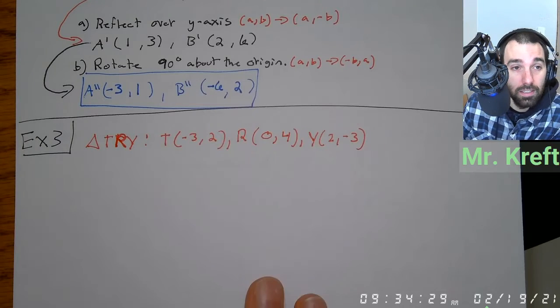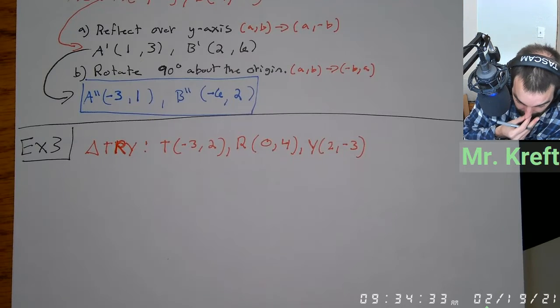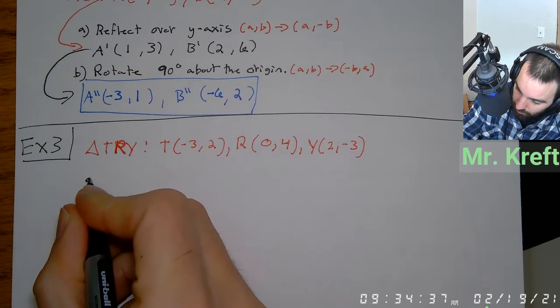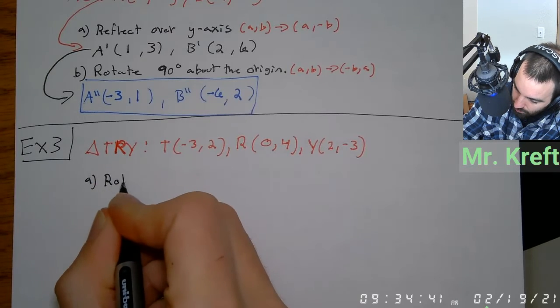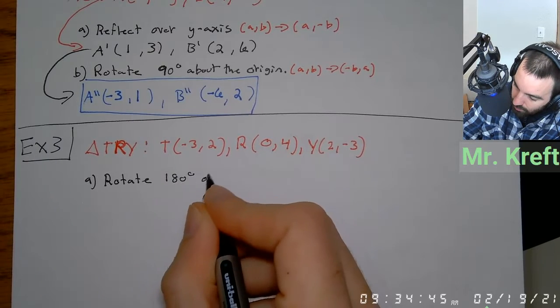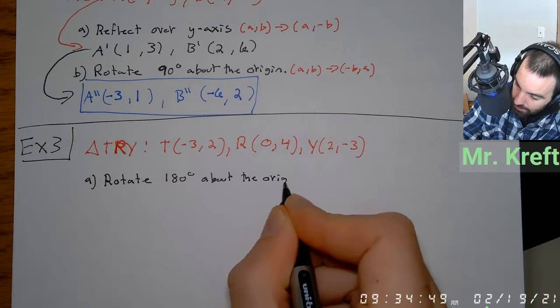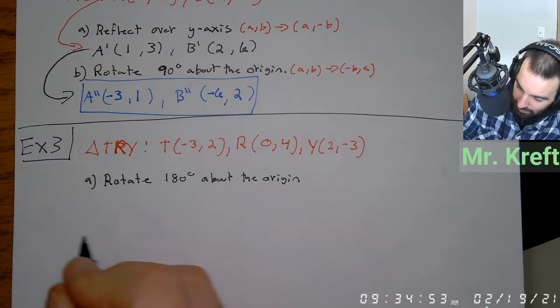And this is going to be a composite as well. So in this composite, what I'm going to have you guys do is you're going to A, rotate 180 degrees about the origin. And again, I'm just writing it like you're going to see in your homework. All of these are going to be about the origin.